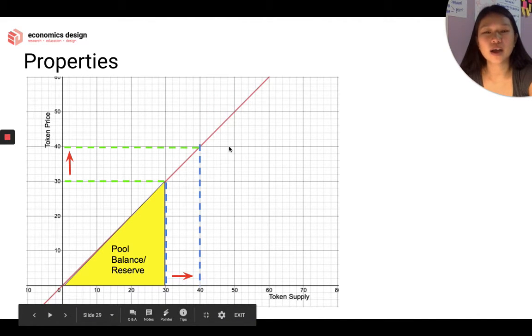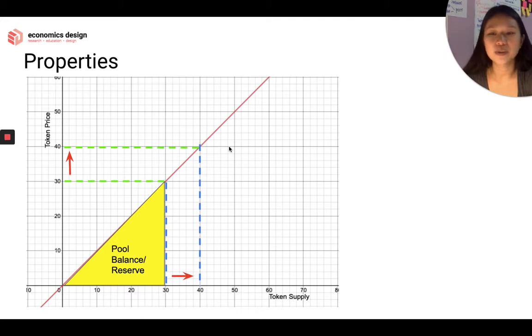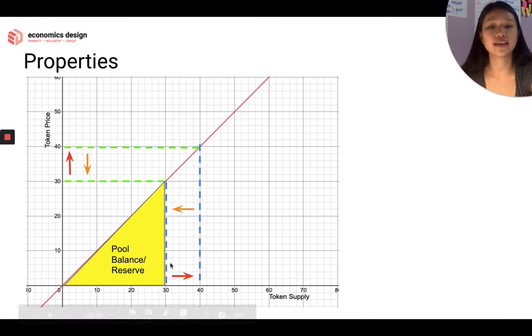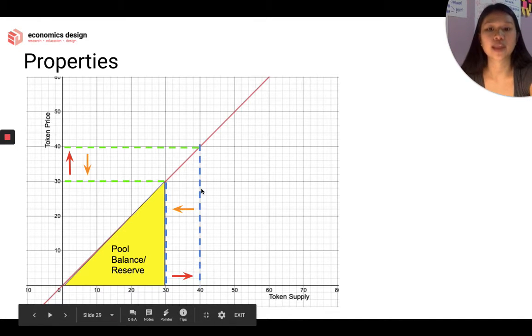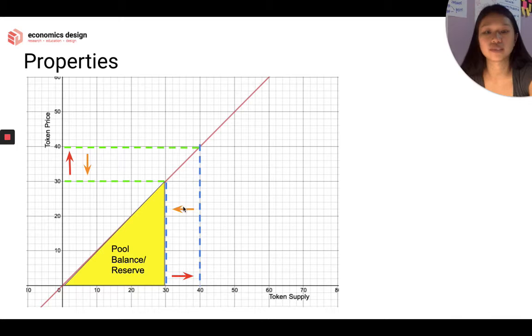Now I realize, okay, it's been fun, I like it. Now someone else wants to sell, and you can sell anytime you want. So when I buy, 10 tokens are minted, and this guy wants to sell 10 as well. So 10 are going to be burnt, which means they become invalid.